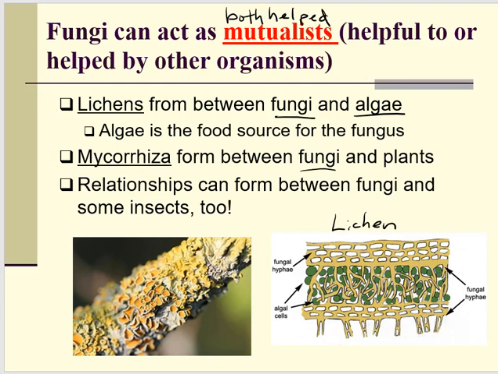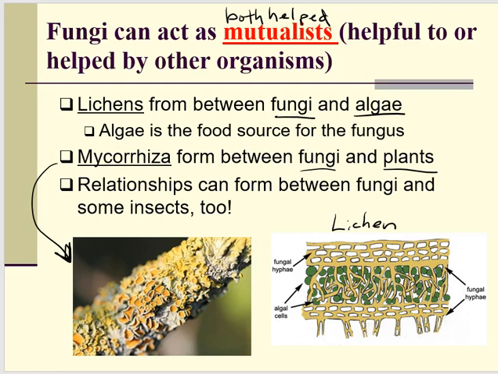Mycorrhiza is a formation between a fungus and a plant. The fungus provides protection for the plant. The plant provides food and sustenance for the fungus. If we looked at this, why would this provide protection for the plant? That organism tastes bad.